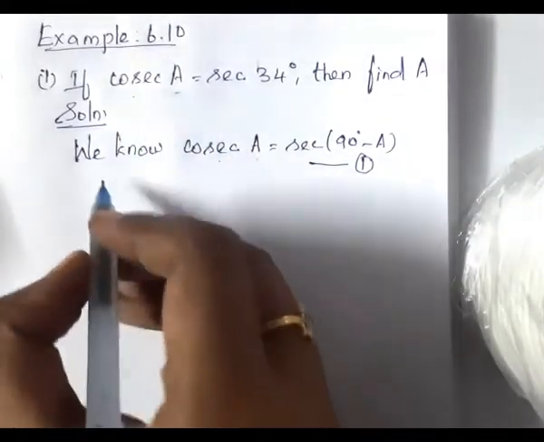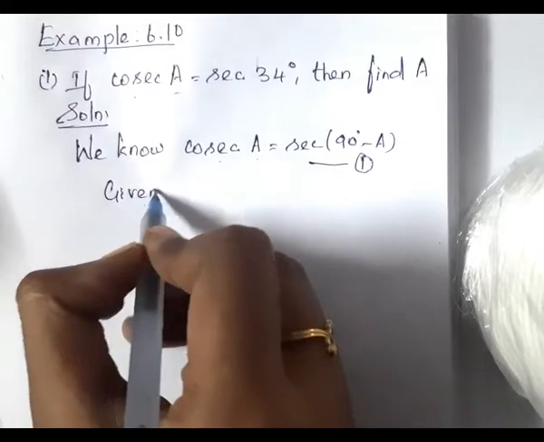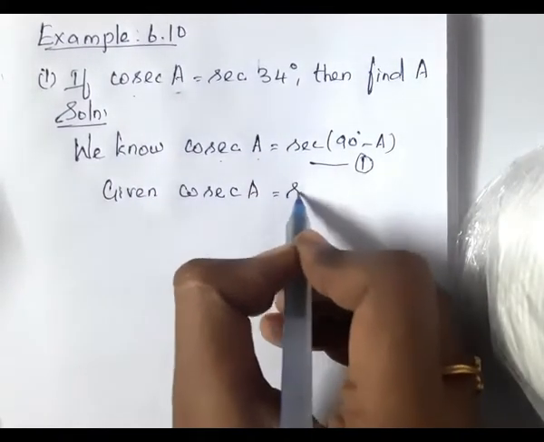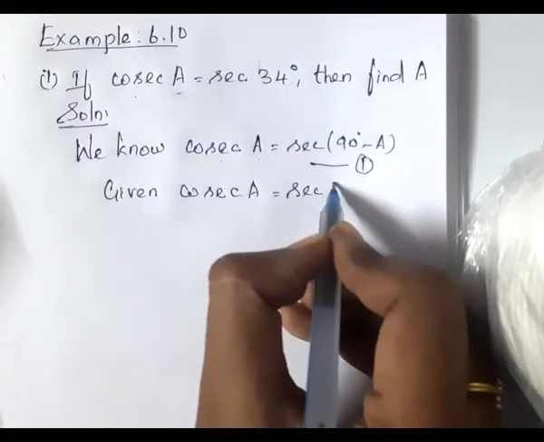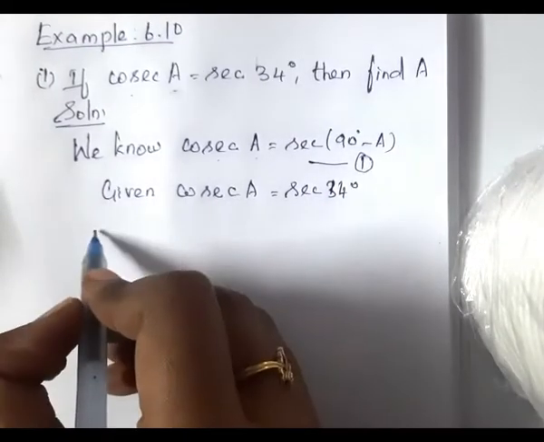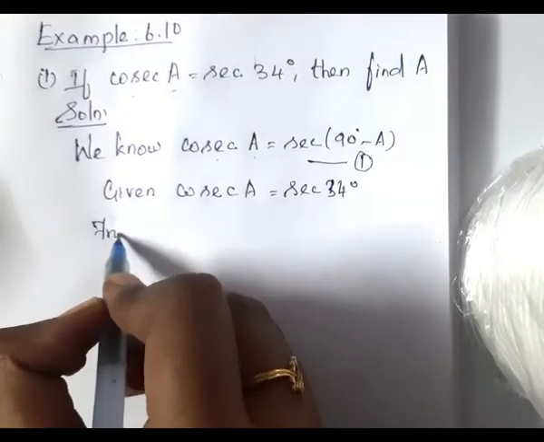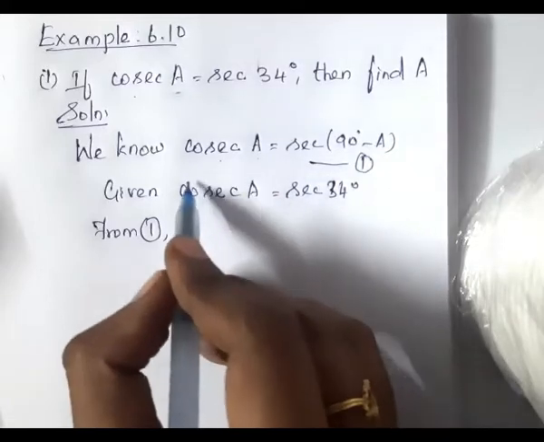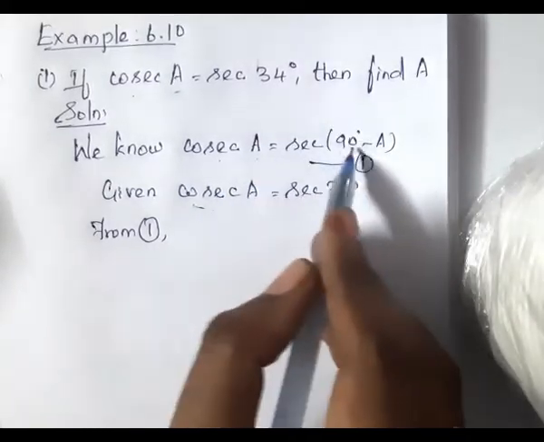So in our question given, cosecant A equal to secant 34 degree. It is given. So, from equation 1, instead of cosecant A, apply this value.